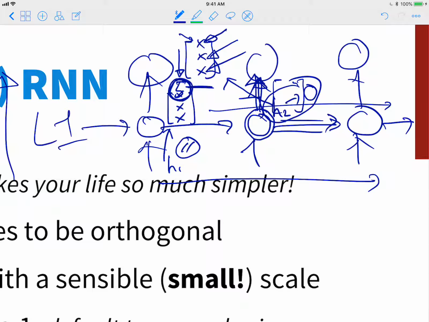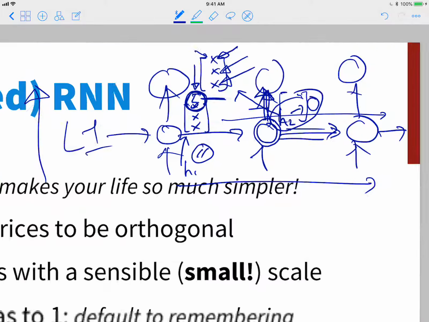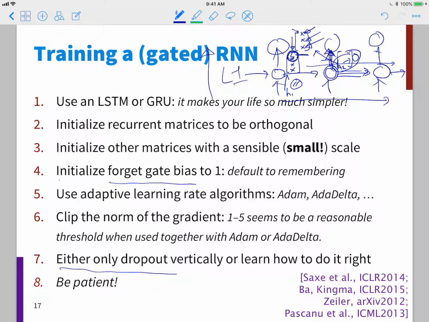But there are some additional techniques by which we can apply dropouts along the horizontal, or time steps. And one of the methods is called what? Does anyone know the name of the dropout technique that we use when doing RNNs horizontally?